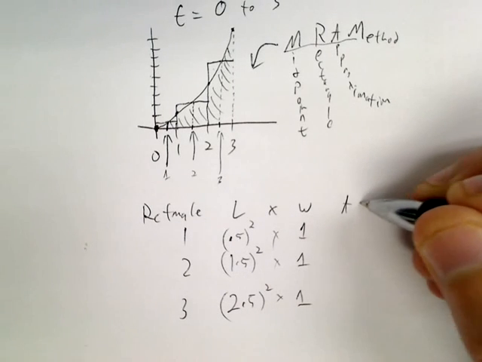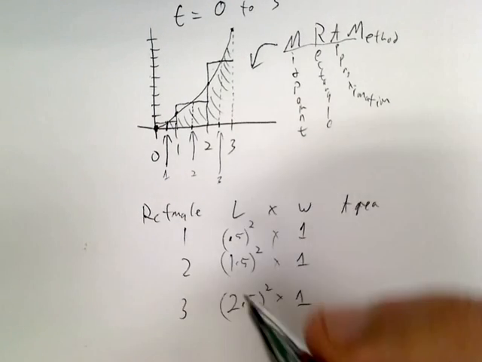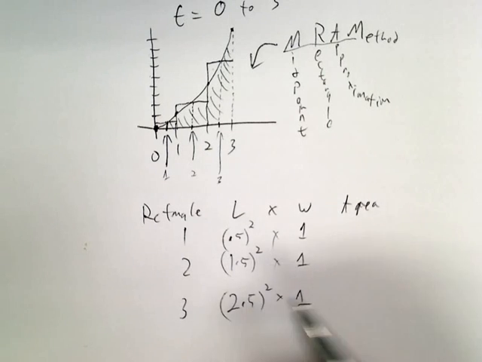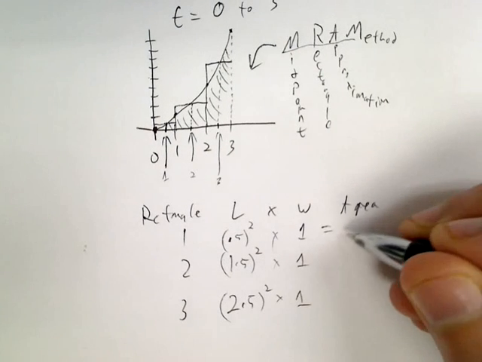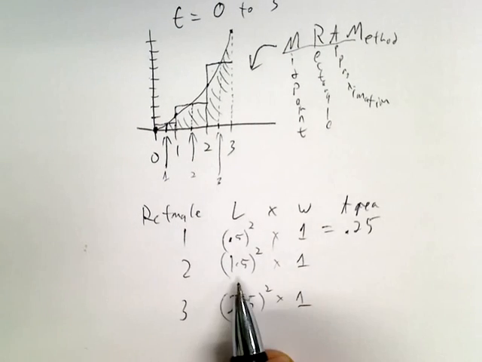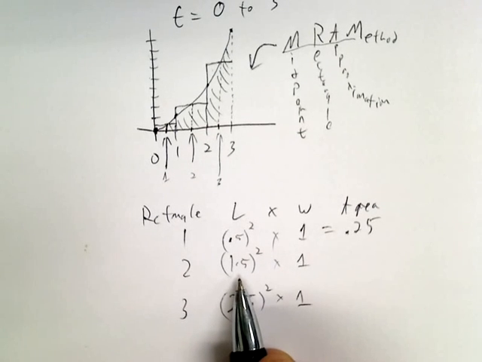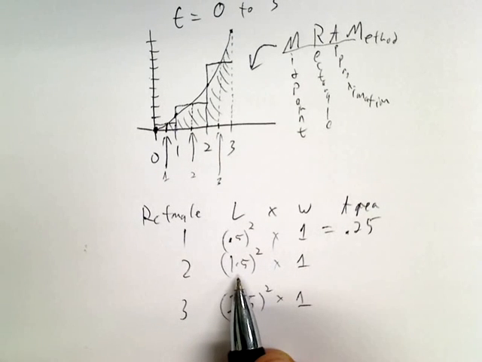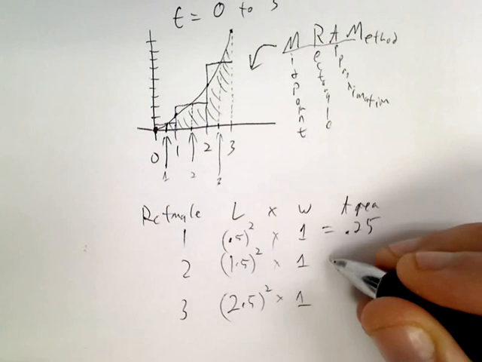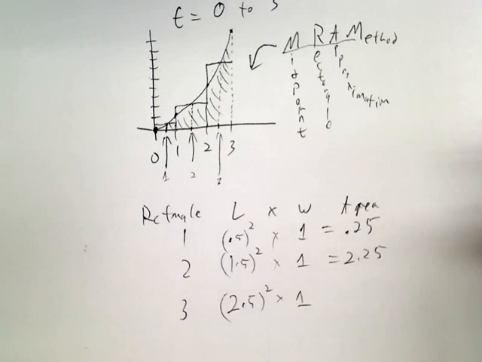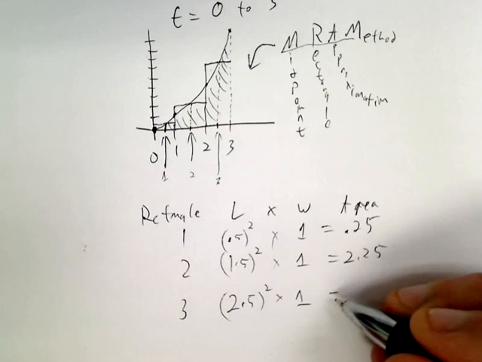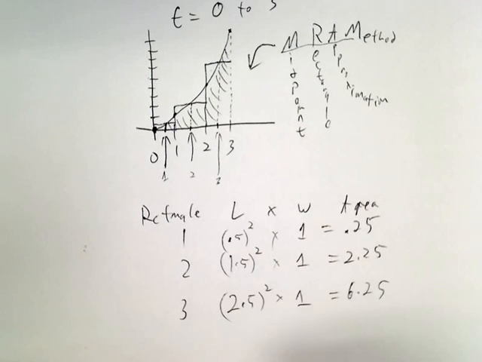The area of each of these rectangles: 0.5 squared is 0.25, times 1 is 0.25. 1.5 squared would be 2.25. I know 15 squared is 225. So 2.25. And this last rectangle here, 2.5 squared is 6.25, times 1 is 6.25. I know that 25 squared is 625 as well.